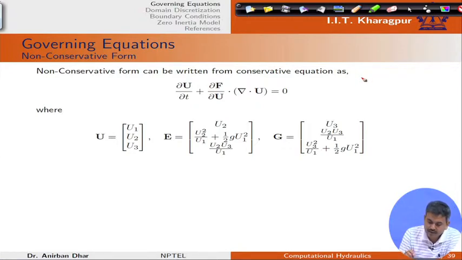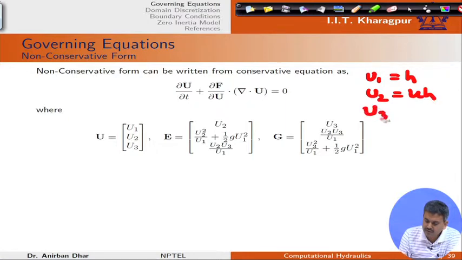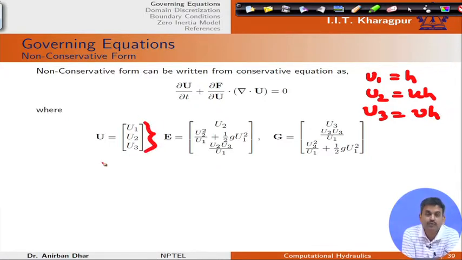If I write H as U1, UH as U2, VH as U3, then I can write the first vector as U1, U2, U3. Now, E is nothing but U2, U2 square by U1.